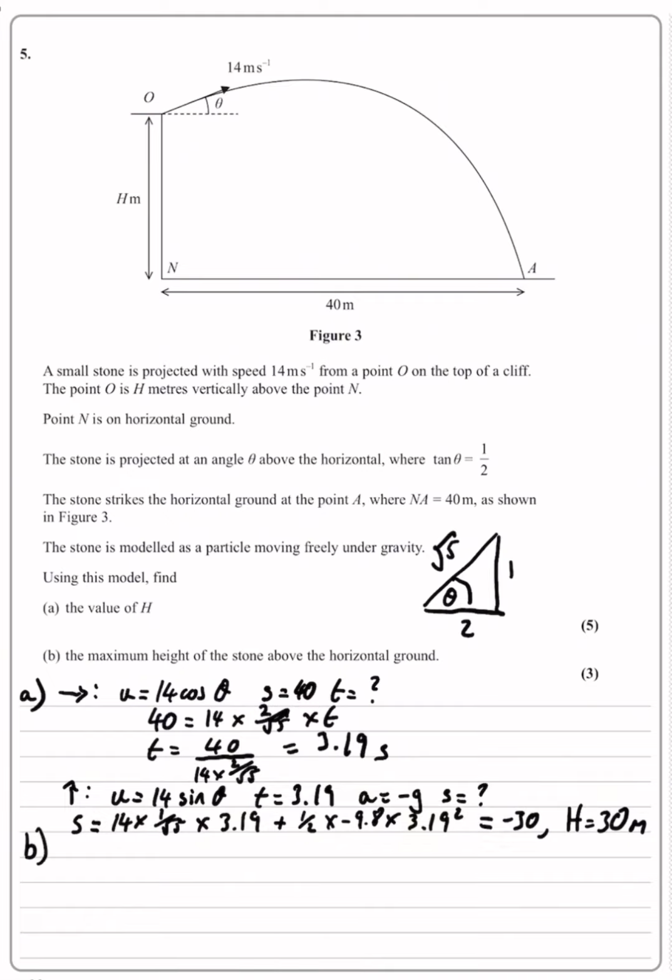For part B, to find the maximum height, we're going to keep working in the vertical plane. So we will have an initial velocity of 14 sine theta. We want to know at what point it's at its maximum, so that's when its final velocity will be 0. The acceleration is still negative g, and we're working out the displacement. So I'm going to use v squared equals u squared plus 2as here.